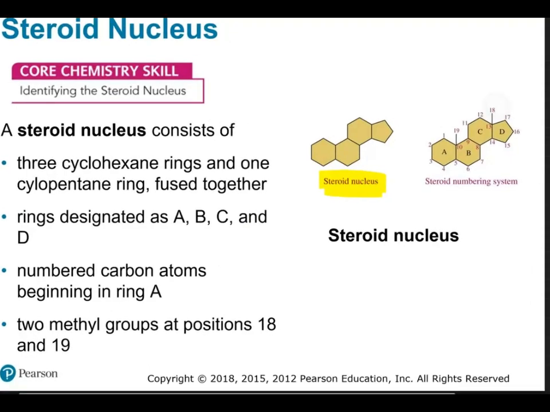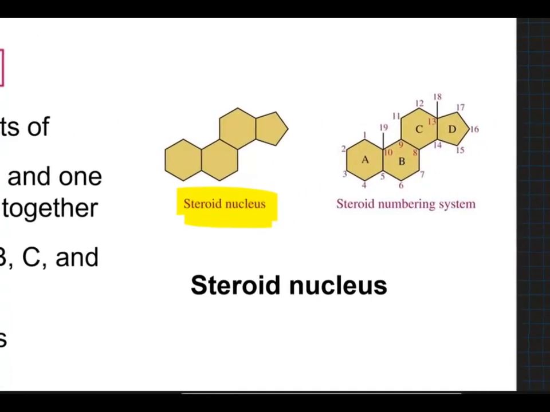Okay, you can see that there are 3 cyclohexane rings, A, B, and C, and 1 cyclopentane ring, D, and they all are numbered in a specific fashion. You may ask, do we need to memorize the order of numbers in the steroid molecule? The answer is, of course not.